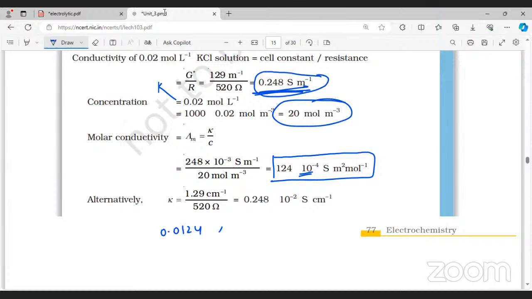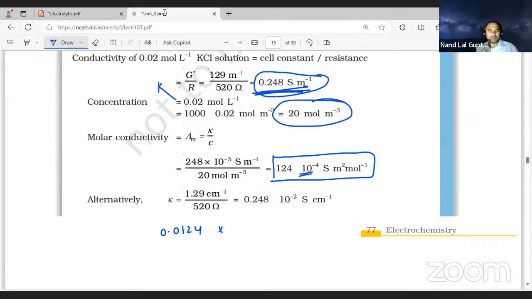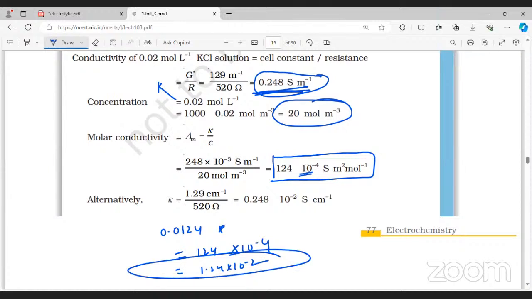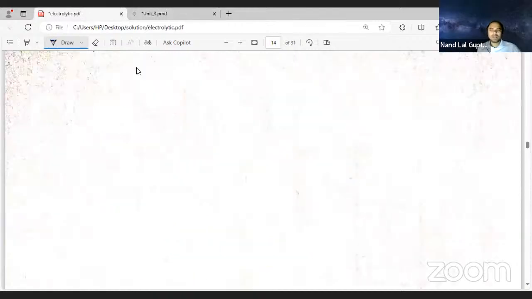If you put it in scientific notation, 124 into 10 power minus 4 is correct, but it should be 1.24 into 10 power minus 2 to be more appropriate. That is the scientific notation. So it is not a problem for us; whatever they gave, that we have to consider.